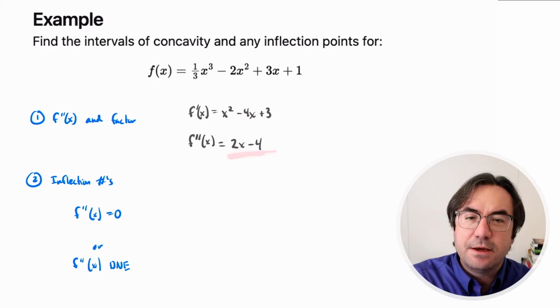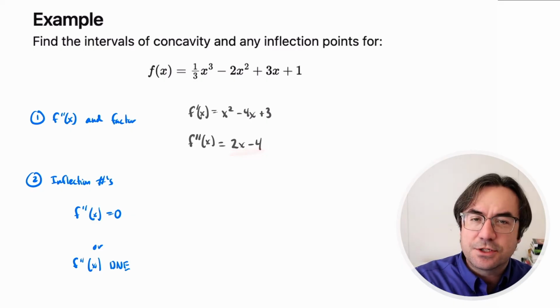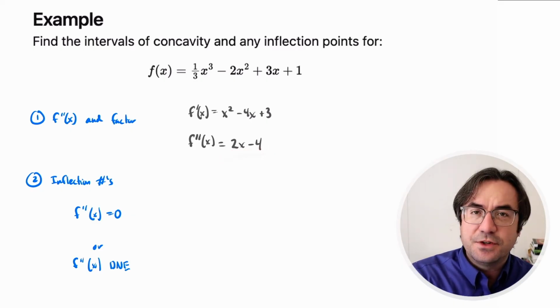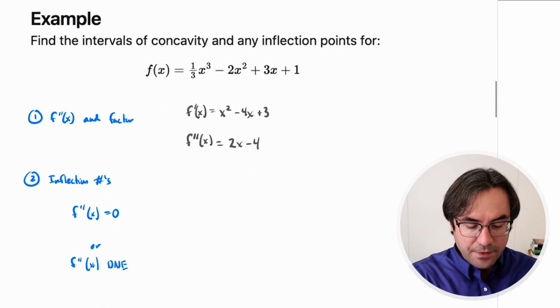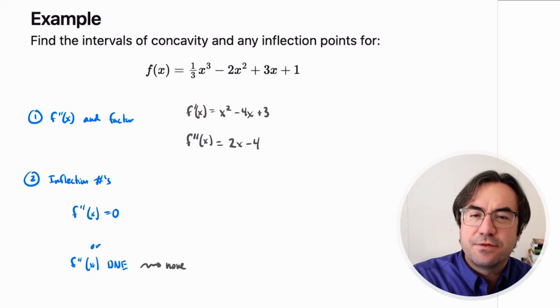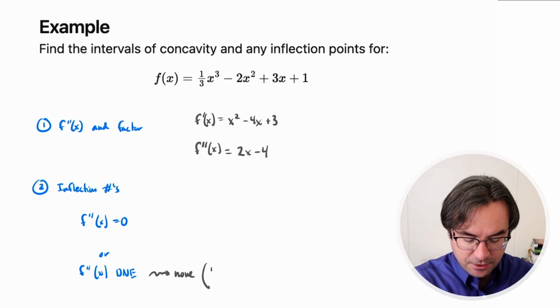Well, really, we'd be looking for division by 0. In this case, there's no fractions, there's no negative exponents, so there's no division by 0 here. So we're not going to get an inflection number this way. Our second derivative here is always defined.